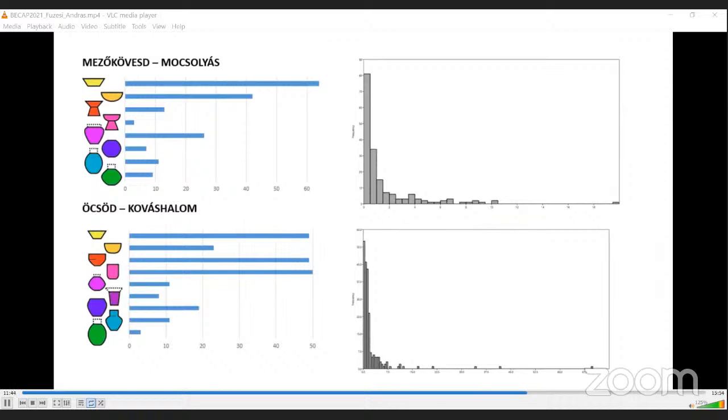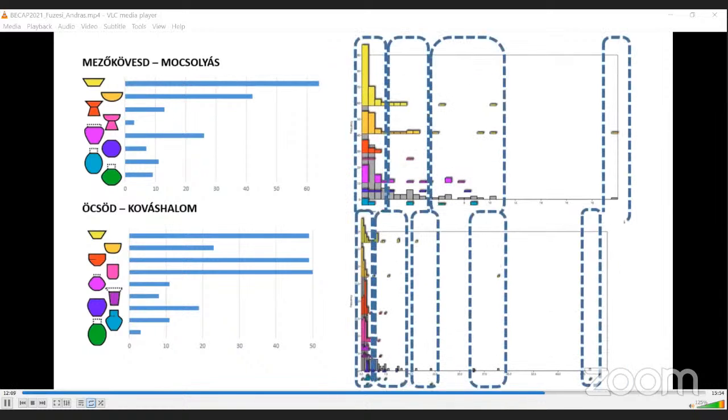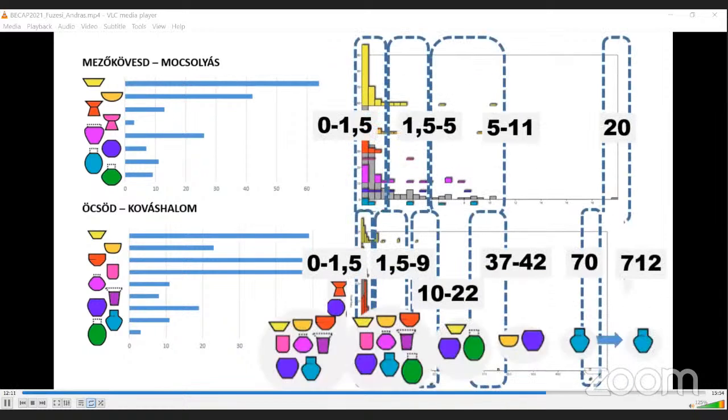Without the addition of qualitative data, the histograms are unimodal and skewed to the left, and no categories could be created based on them. In Mezőkövesd, despite the relatively large sample, the complete lack of larger size ranges is striking, which is presumably a taphonomical phenomenon. However, several transitional categories could be distinguished among the smaller ones.